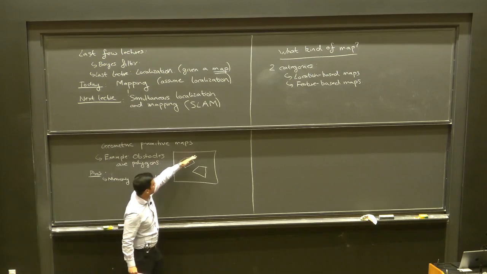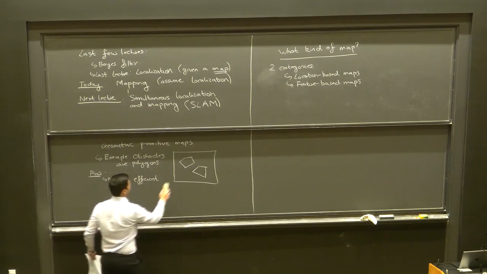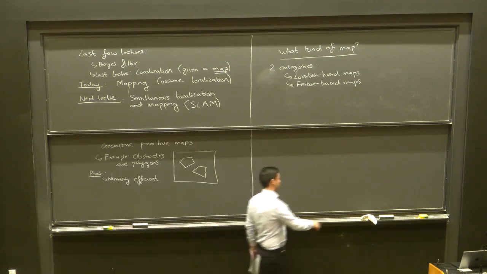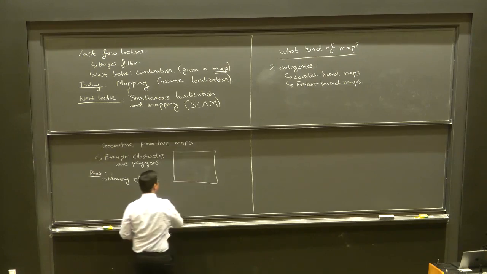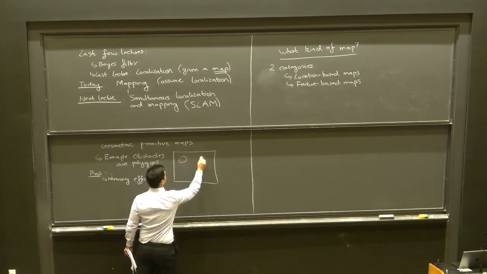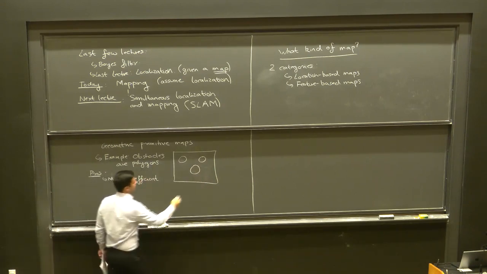So for instance, if you're working with just polygons, or actually maybe even simpler, let's say we're working with spheres. So each obstacle is a sphere, or more generally a union of spheres, so you could have something like this.